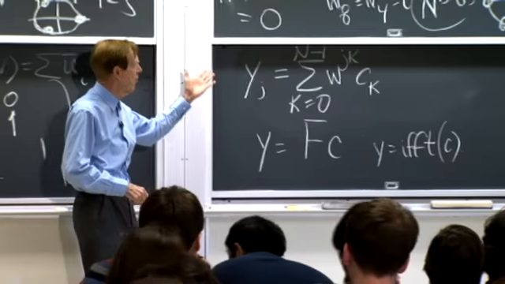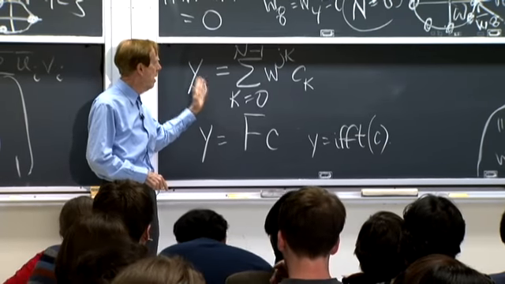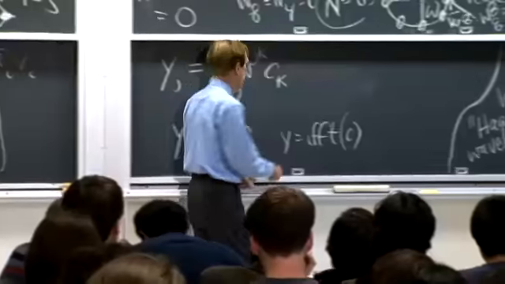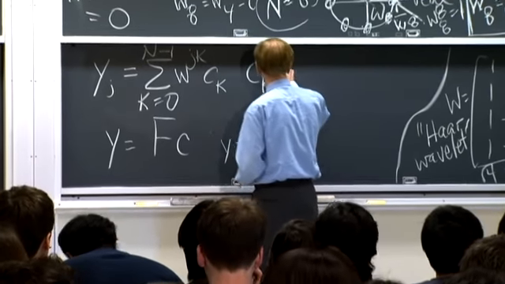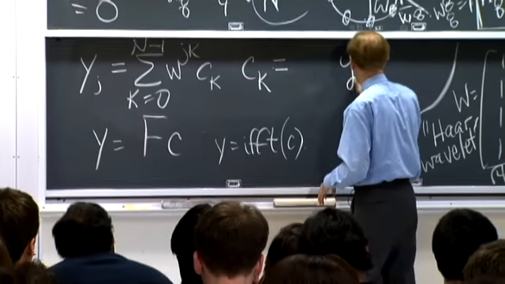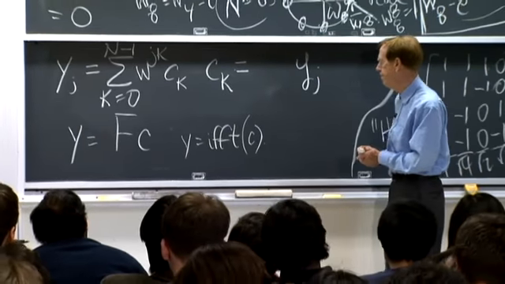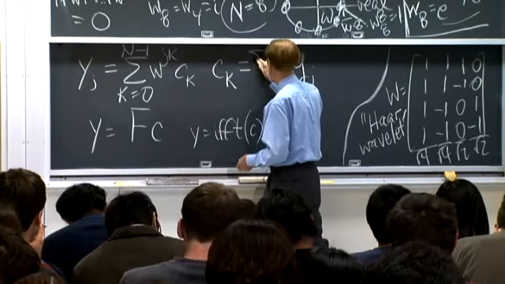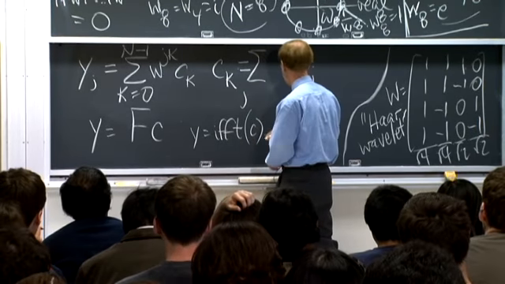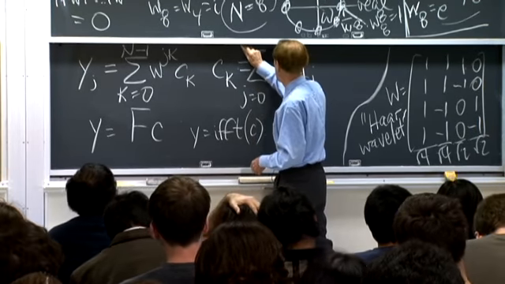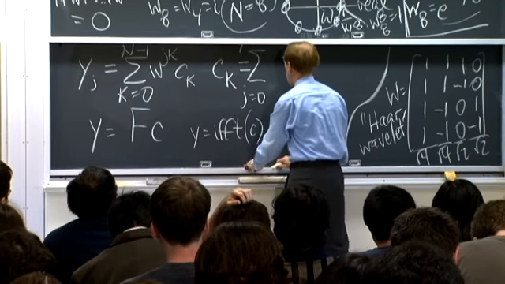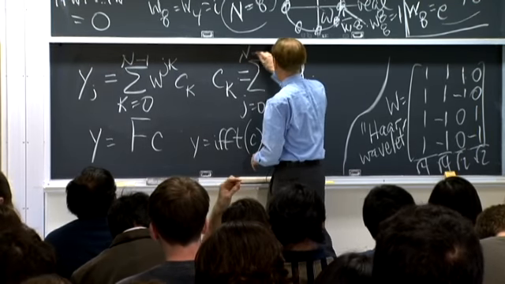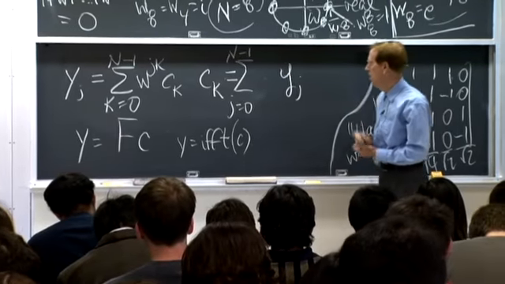So this is the famous formula that gives the y's from the c's, and what's the other formula that gives the c's from the y's? So now this is the transform in the other direction. So it's going to be a sum from j equals 0 to n minus 1. And what's going to go in there?